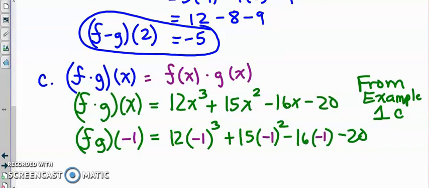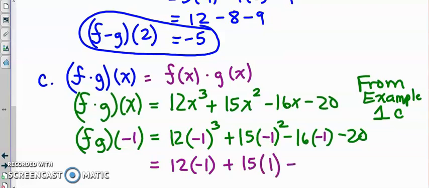All right, so we know -1 cubed, and again, we're starting to evaluate. We know -1 cubed is just -1 back. So -1 times -1 is +1, times the -1 is -1. All right, here we get 15 times -1 squared. -1 times -1 is a +1.